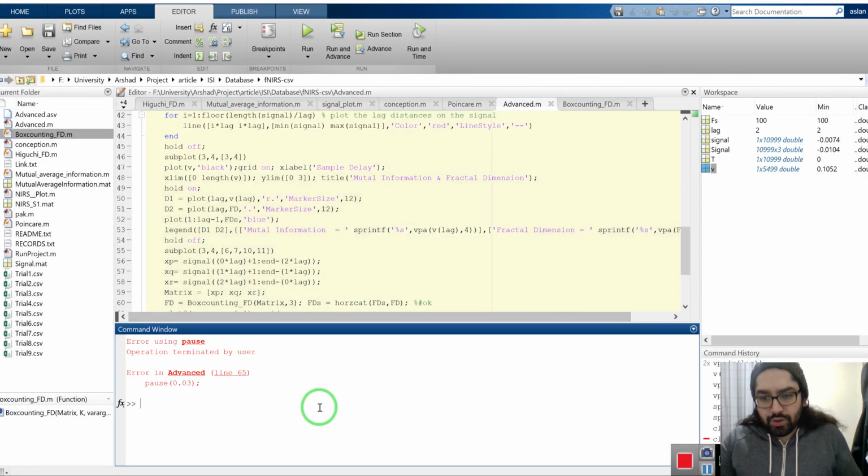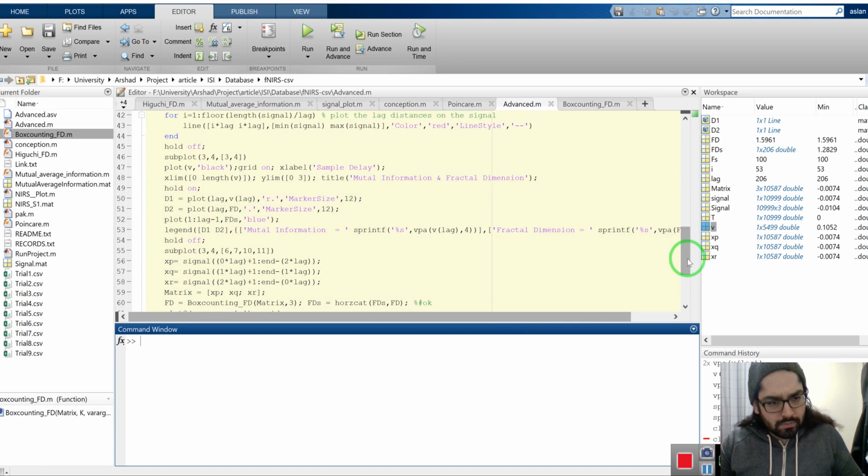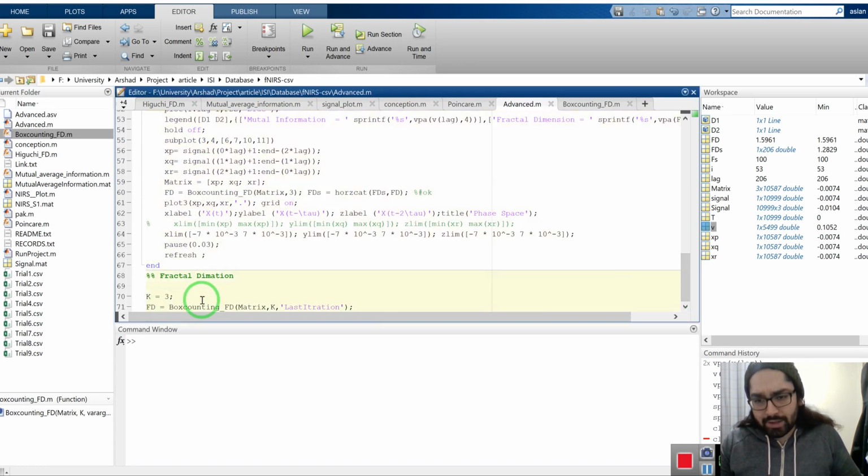What I want to show you next is how to measure the fractal dimension.